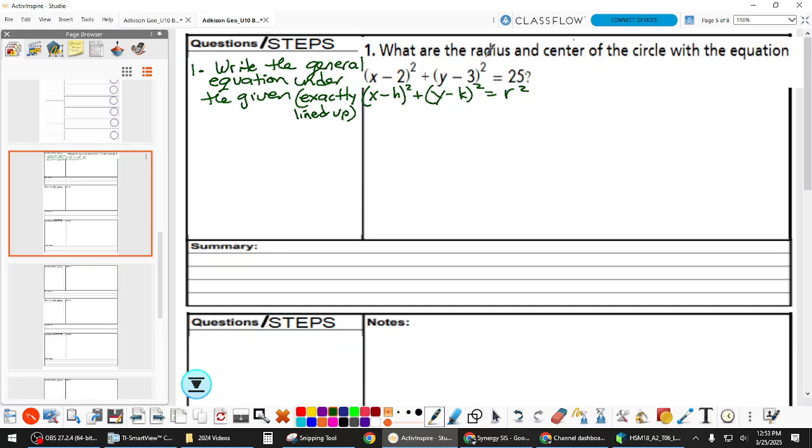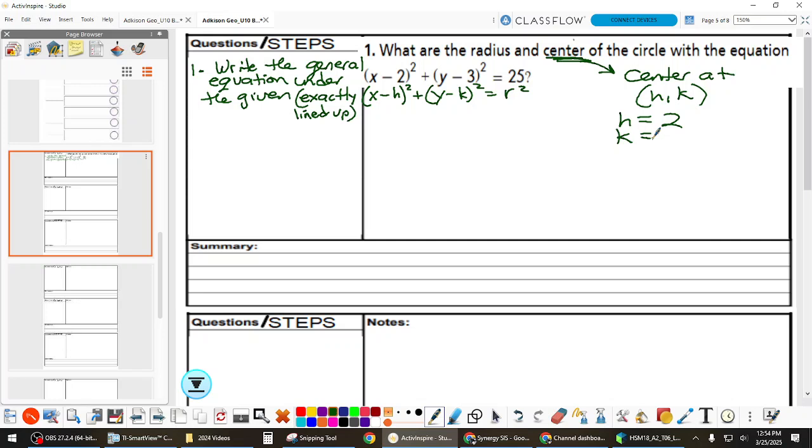So the center is at what again? What letter? At (h, k). Okay? So the center for this one is at h. What is h? h is 2. What is k?